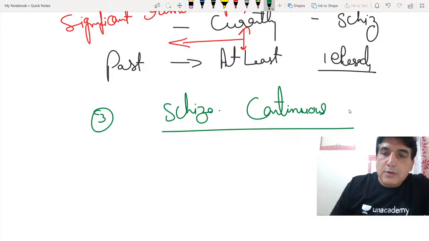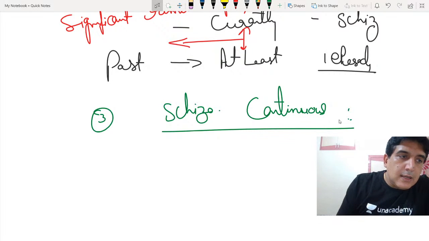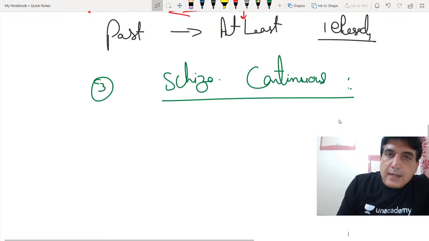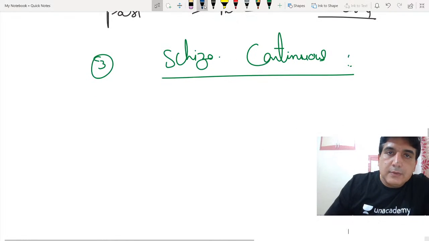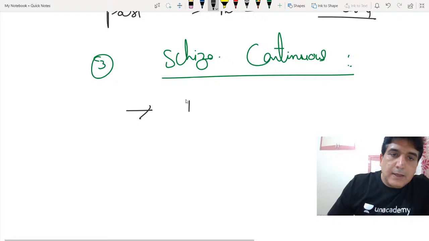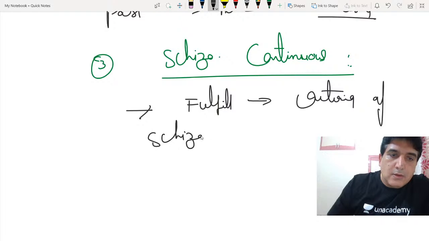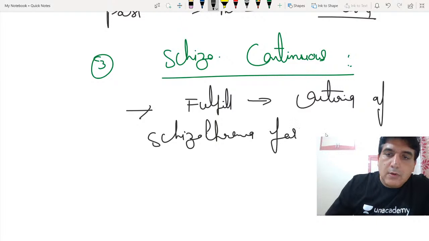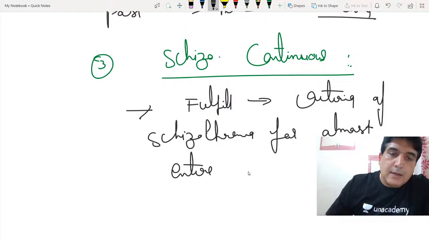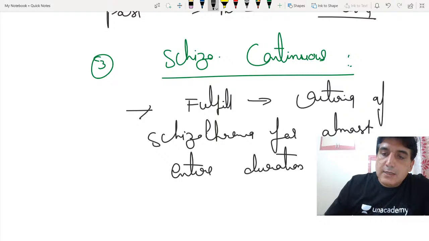In schizophrenia continuous, the patient currently fulfills the diagnostic criteria of schizophrenia for almost the entire duration of illness.